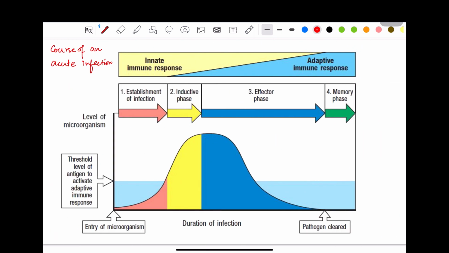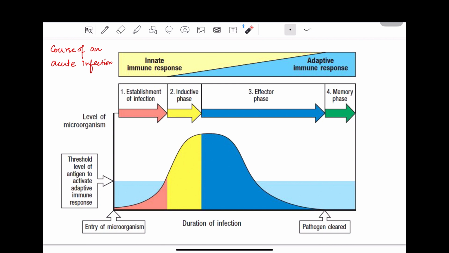So when there is an acute infection, what happens during an acute infection? This graph here shows the course of an acute infection and how the innate immune response and the adaptive immune response are generated from the point of entry of the microorganism.